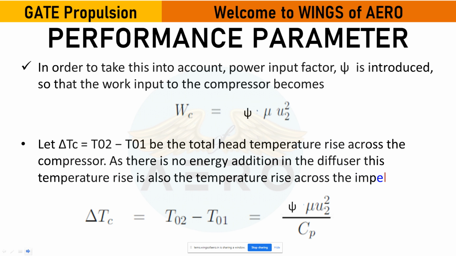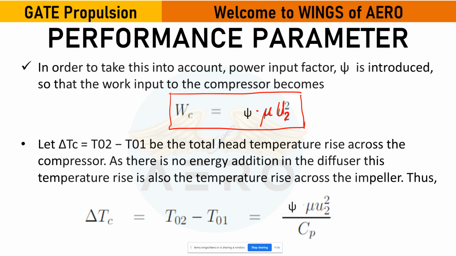This is another couple of formulas. So it shows the work done. This is the actual formula of the work done, which we have seen over there. Psi is the power input factor, this is the slip factor, u2 power 2.